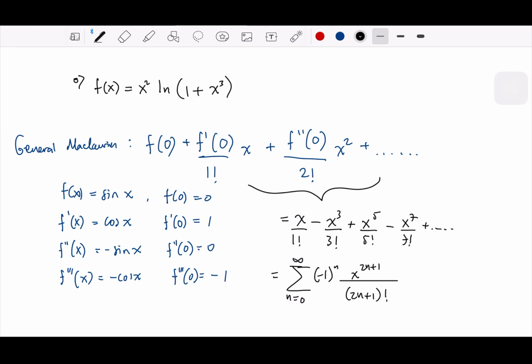If you know sine, then you will get cosine easily from here, and you just derive this.